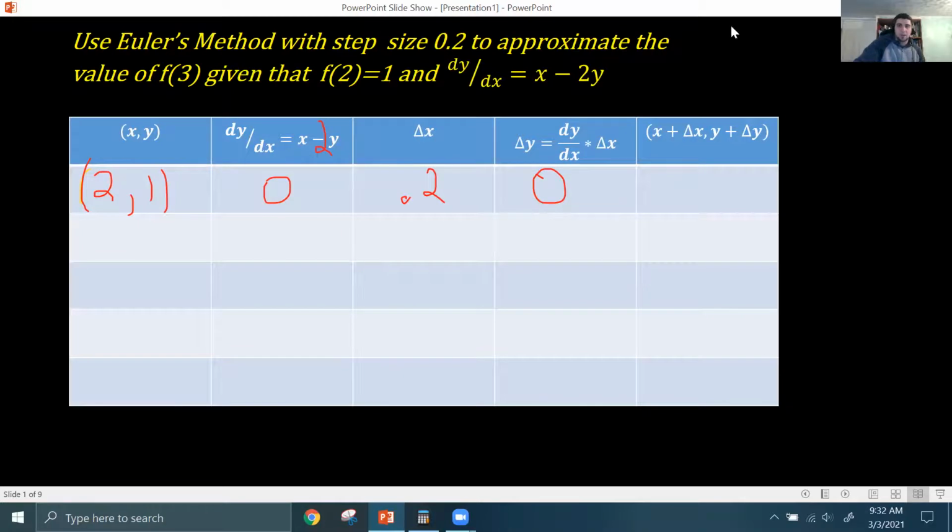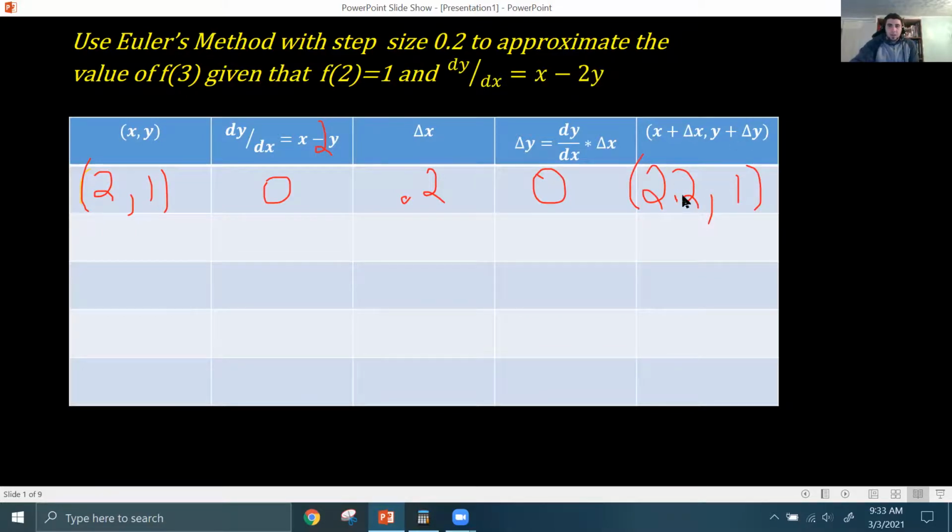Now, to get our new point, you take your initial point, add your delta x to the x, add your delta y to the y. You're going to get 2.2, comma, 1 plus 0, obviously, is 1. Now, all you do, this is your new point now.